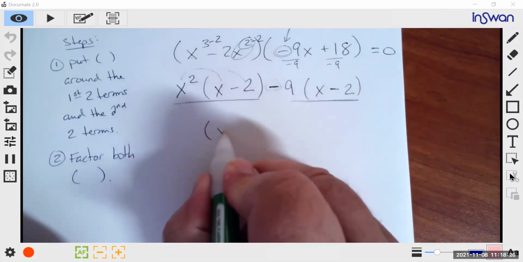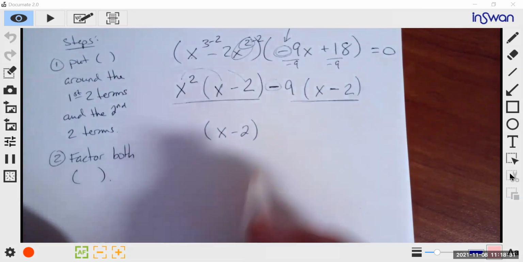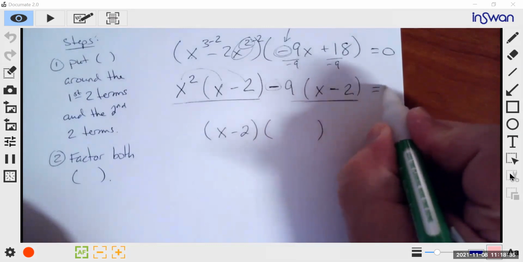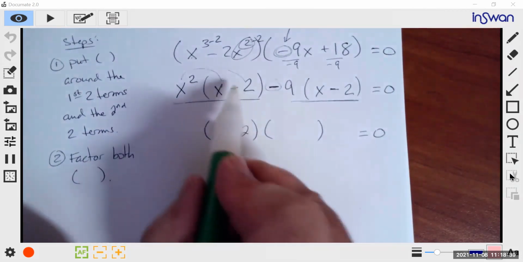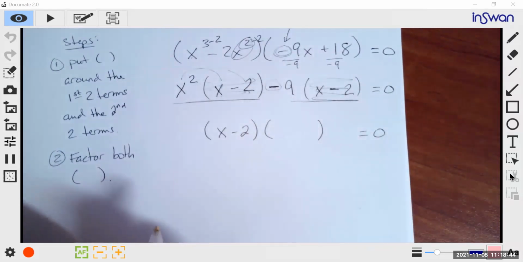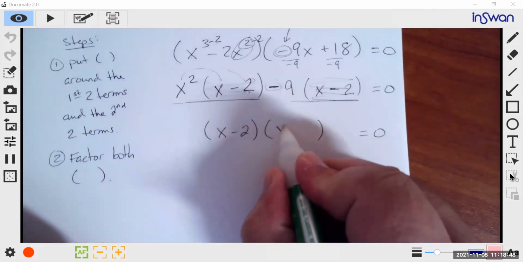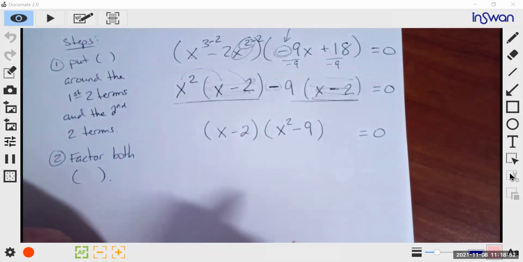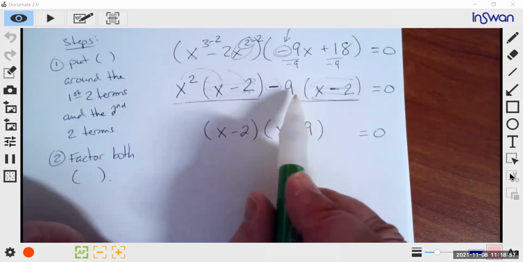They both have an x minus 2 in common. I take it out. What do I have left remaining inside there? If I took away the x minus 2's, those are gone. What am I left with? Yeah, just the coefficients, x squared minus 9. If there's nothing there, what would I pull out? 1, exactly. Good job.